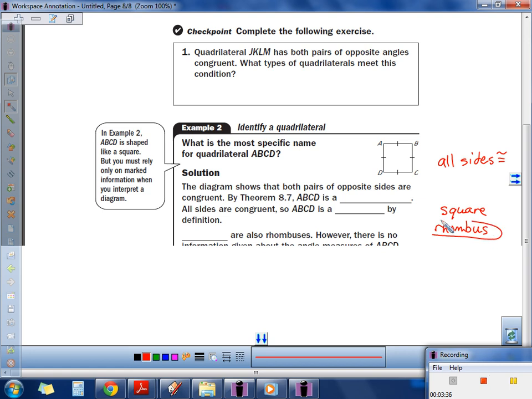Rhombus was the first shape we learned about that has that property. Square has other stuff. Rhombus, that's its basic definition. So a square does have it, but it's not as good as a rhombus. How do I know it's not a square? It kind of looks like it. Doesn't give you the angles, so don't start guessing on angles. Best answer here is rhombus.